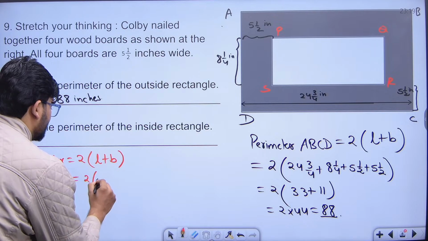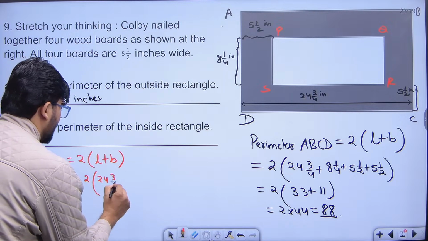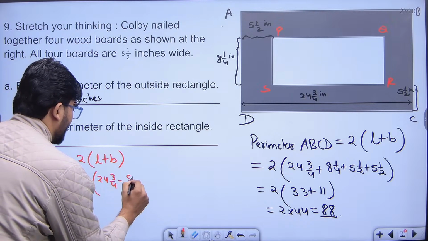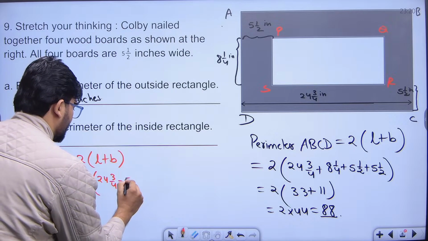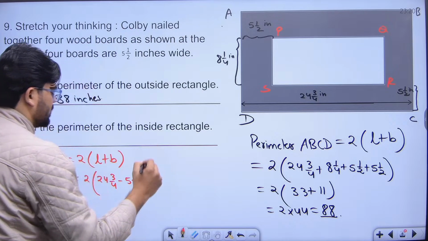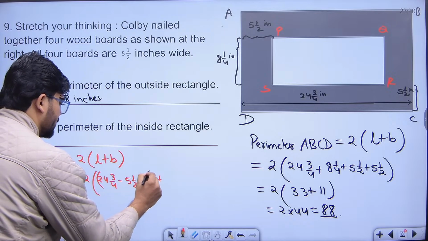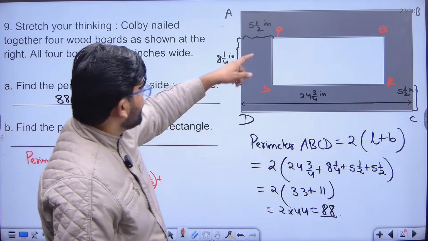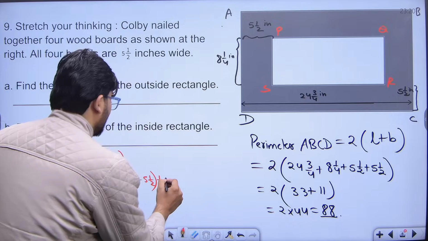So that means 24 3/4 minus 5.5 minus 5.5. So this is the length. And then we have the breadth. Breadth is given already as 8 1/4.